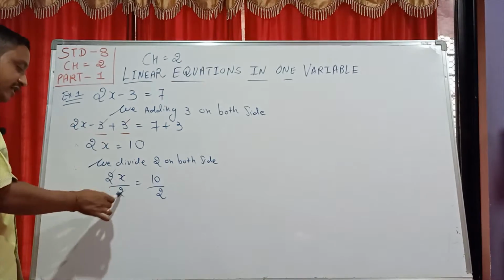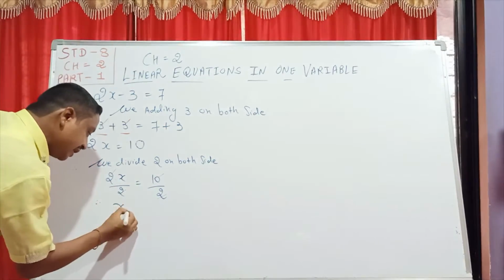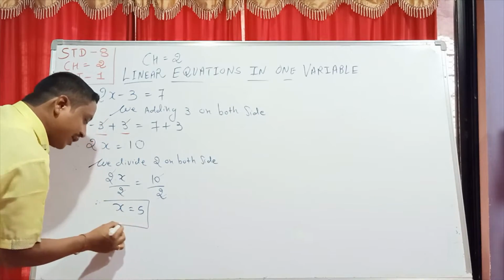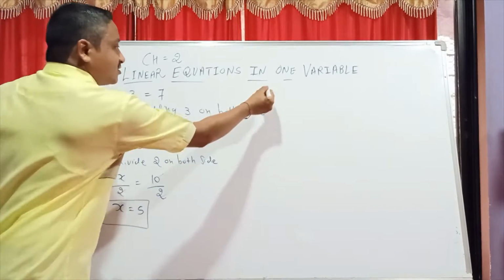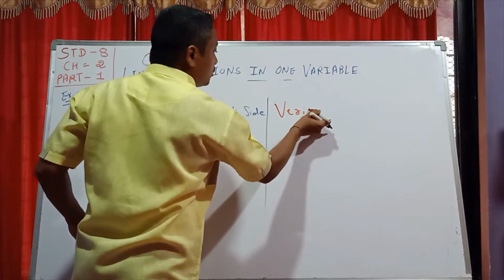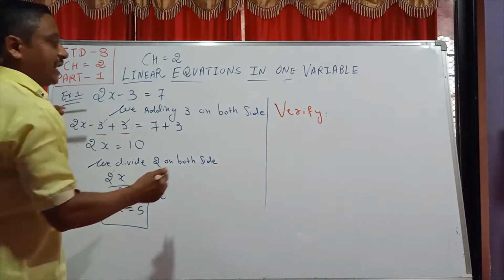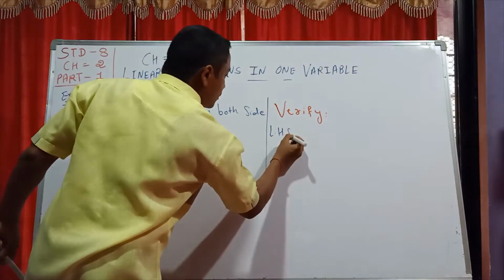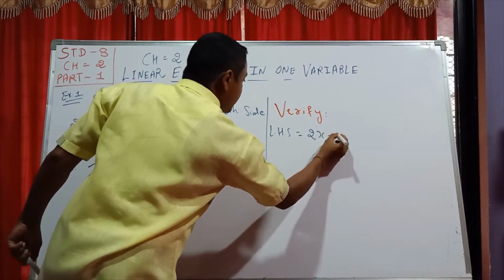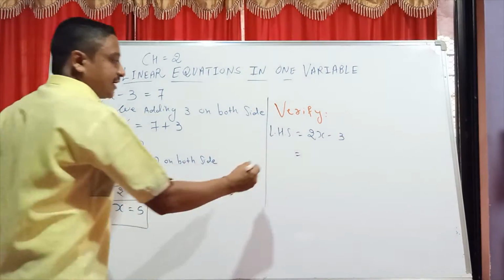Check this, 2 and 2 cancel, and here 10 divided by 2 is 5. It means I get x is equal to 5, and that's the answer. I just verify here. Students, verification is necessary in the exam also. In the verification, you show your LHS value. Our LHS is 2x minus 3. In this x, students, I put x is equal to 5.